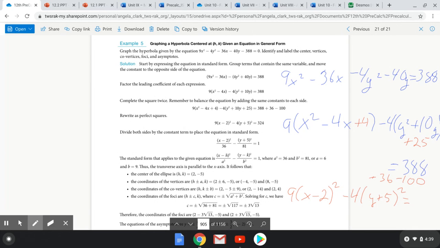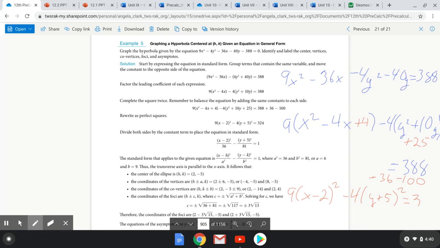Okay? So let me pull out a calculator because I don't trust my mental math at the moment. I have 388 plus 36 minus 100. So I have 288 plus 36, which is 324.